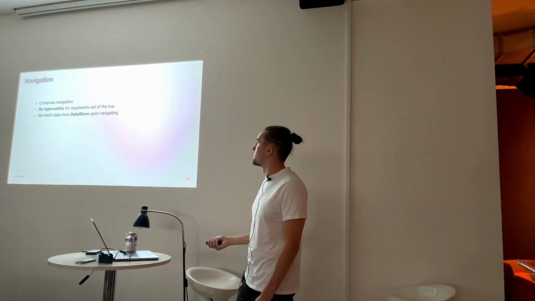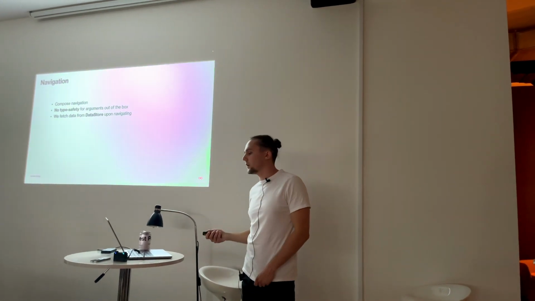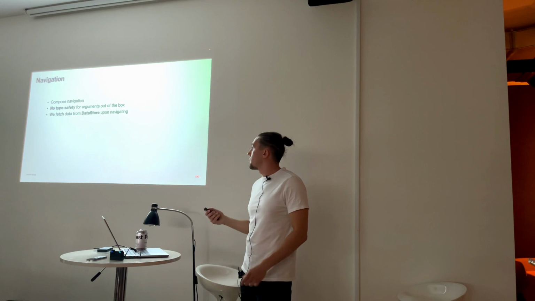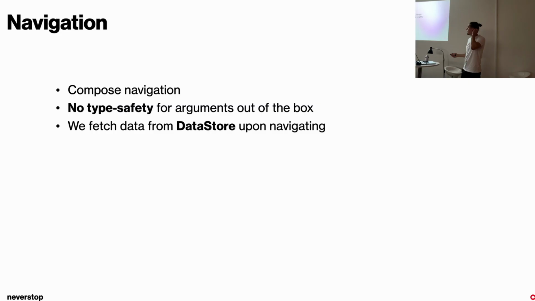Well, we just don't use arguments when navigating. We usually fetch data from the data store upon navigating, which means that you have one screen, you save everything you need on the other screen to the data store, then you do navigation, then you fetch data and display it.